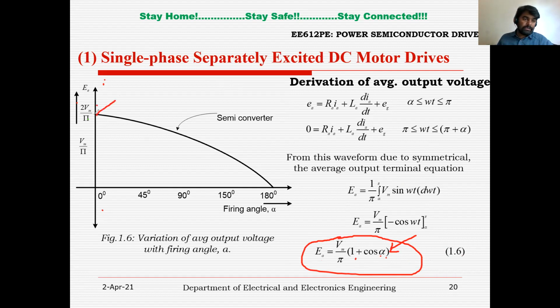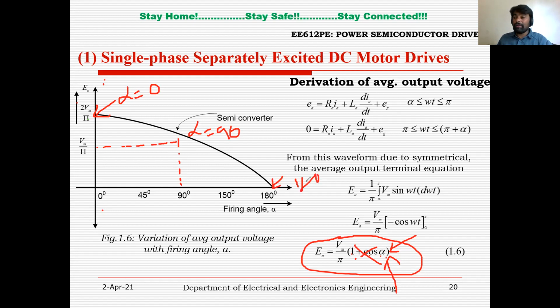At alpha equal to 90 degrees, cos 90 is 0, so it is Vm by pi. Similarly at alpha equal to 180 degrees, cos 180 is minus 1, plus 1 goes to 0, so you'll get 0 output voltage. So for different values of firing angle, you may get a curve like this.